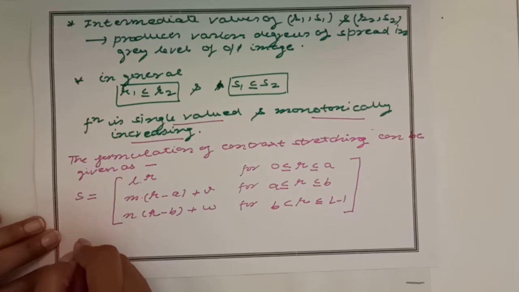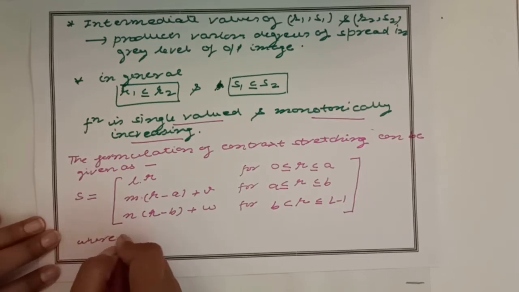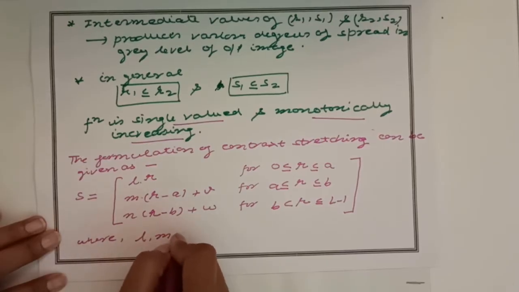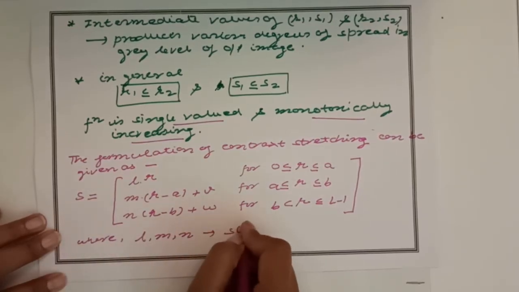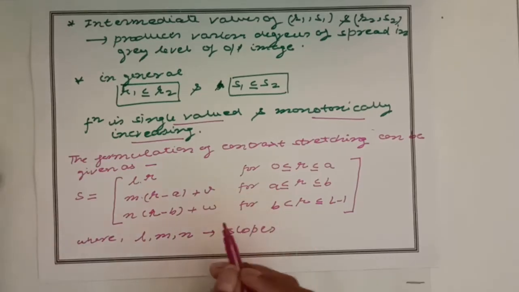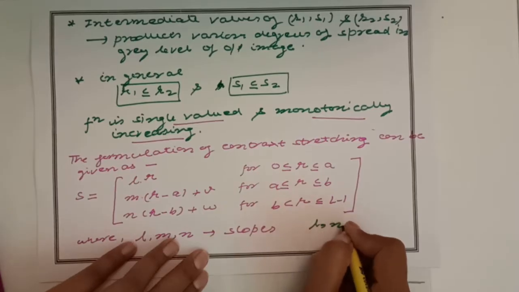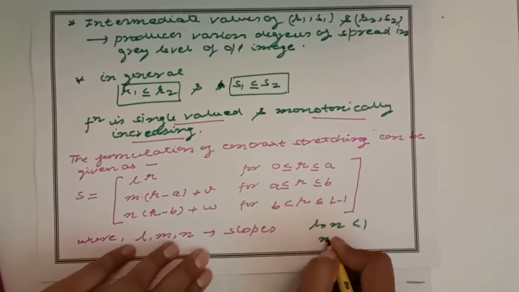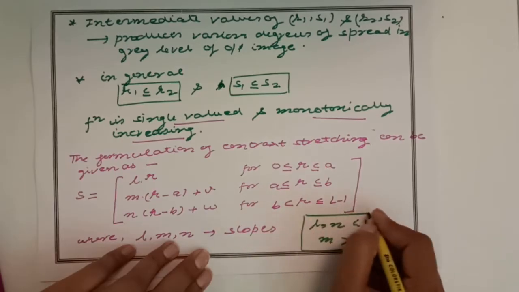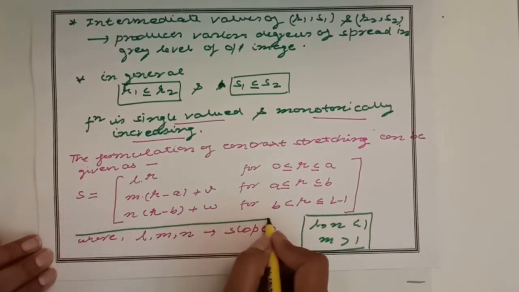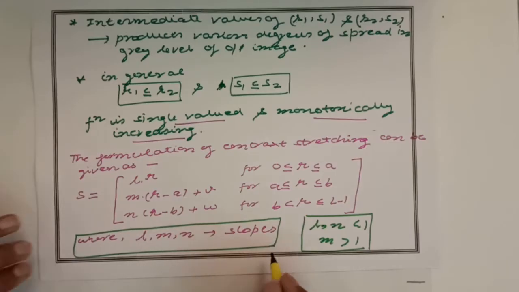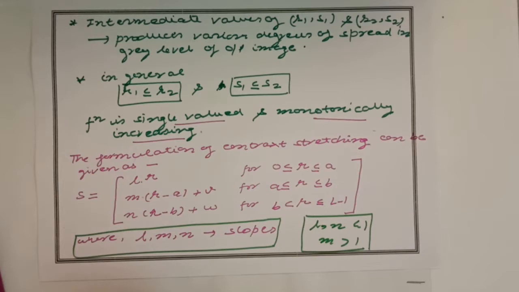Here l, m, n are slopes, and the values of l and n will be less than 1 while m will be greater than 1. So mathematically it is being written in this form depending upon the variation of r, a and b.